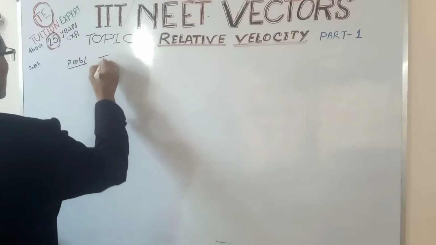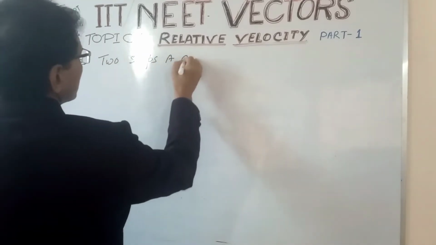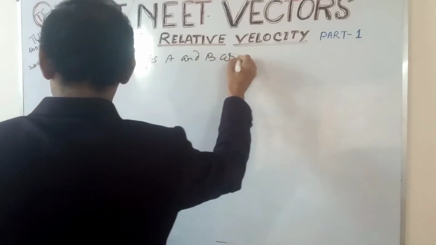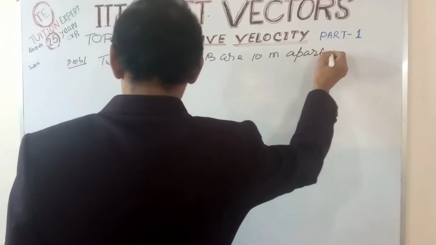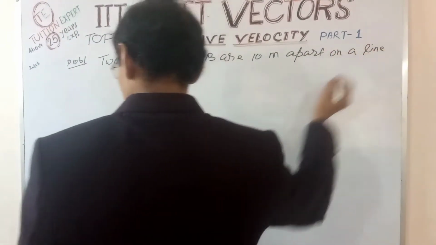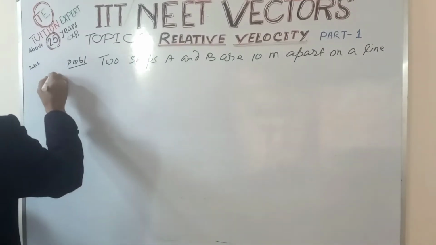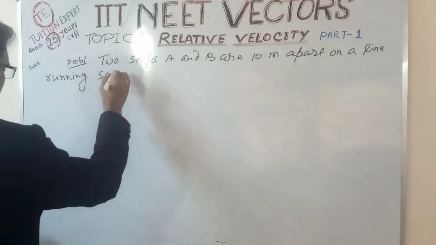Two ships A and B are 10 meters apart on a line running south to north.